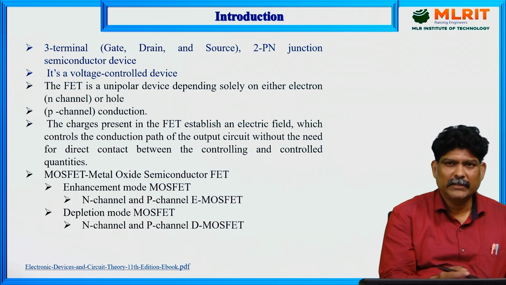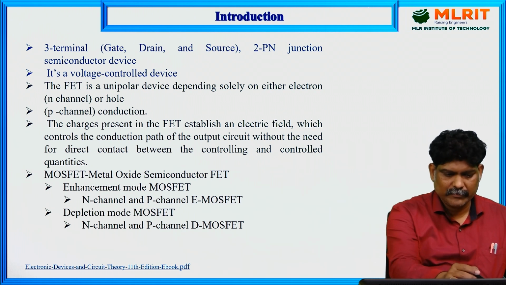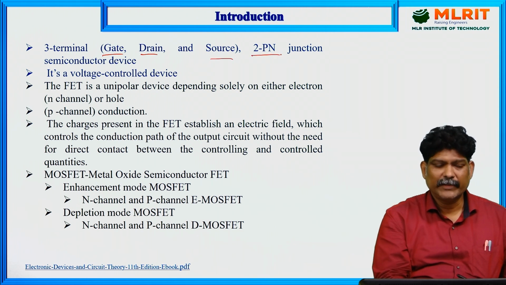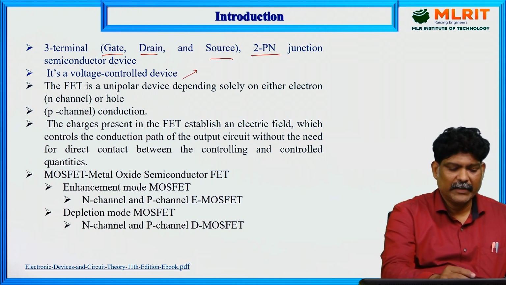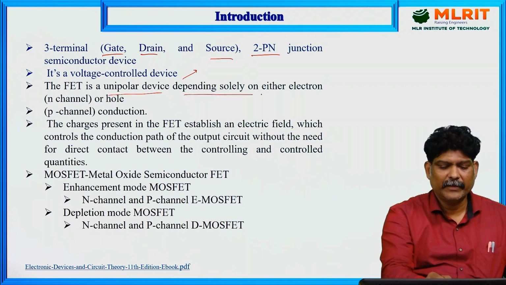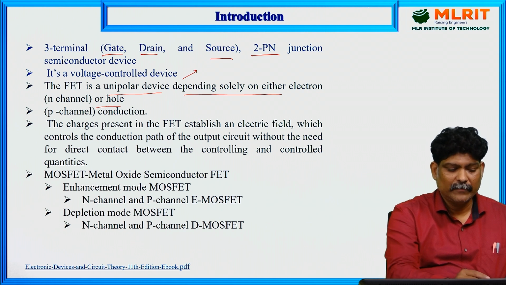So it is a family of FET. MOSFET is also a family of FET. It again has three terminals: gate, drain, and source, and has two PN junctions. It is again a voltage controlled device. FET is a unipolar device depending solely on either electrons or holes.